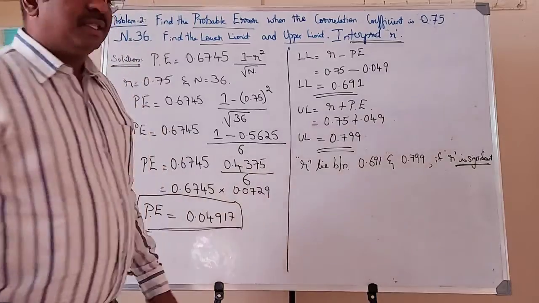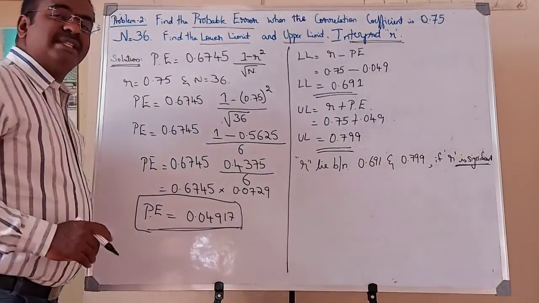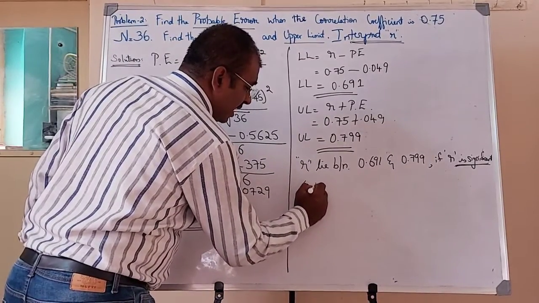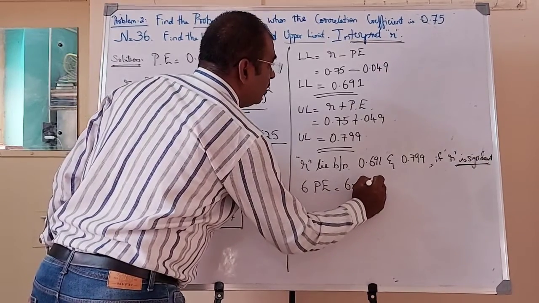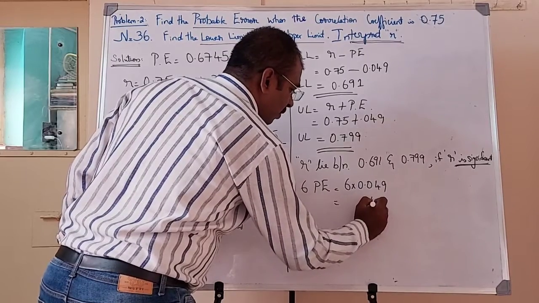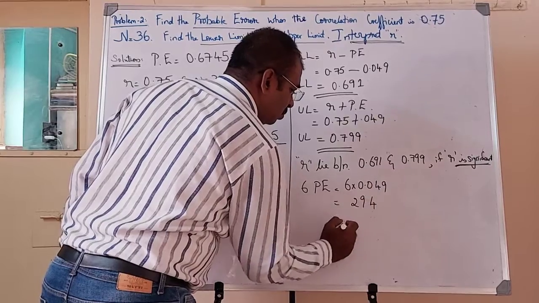Now we have put a condition that if R is significant. So let us find out the significance of R. Let us find out what is 6 times probable error. That is 6 into 0.049. 6 nines are 54. 5, 24 plus 5, 29. 2.